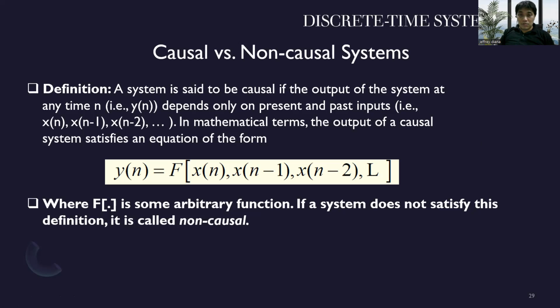In mathematical terms, the output of a causal system satisfies an equation of the form y[n] = F(x[n], x[n-1], x[n-2], ...), where F is some arbitrary function. If a system does not satisfy this definition, it is called non-causal.